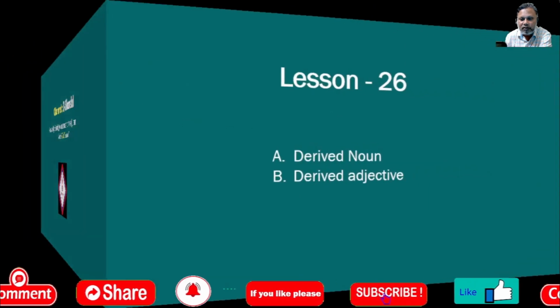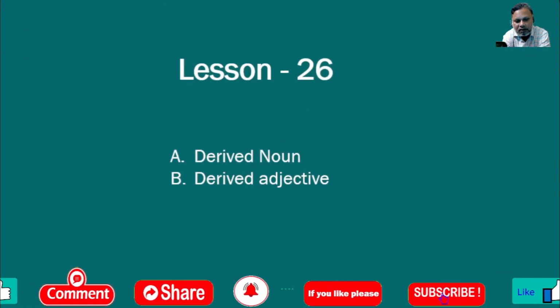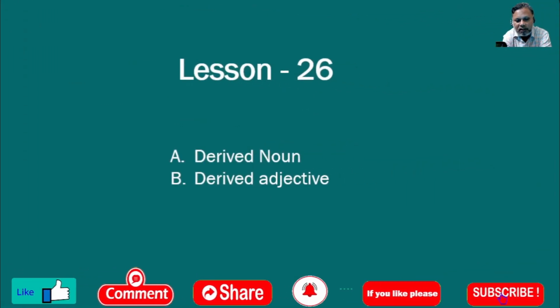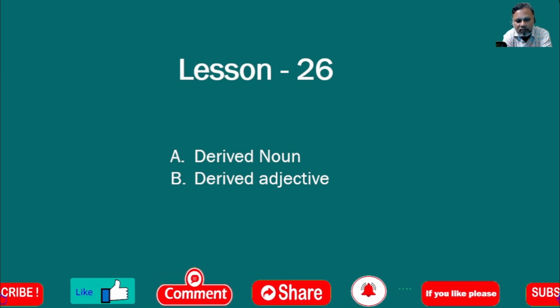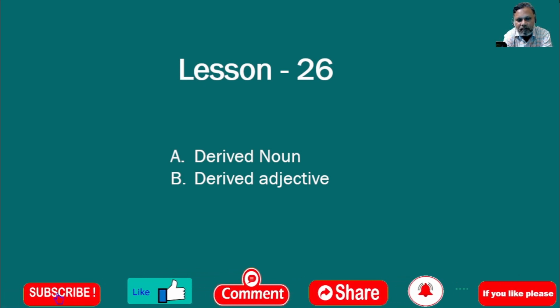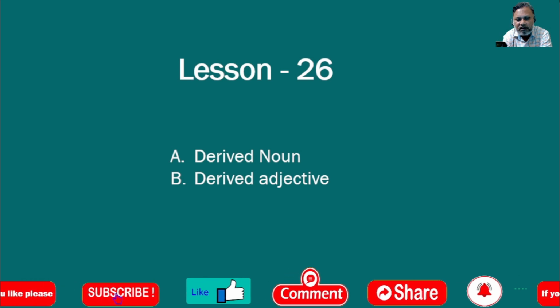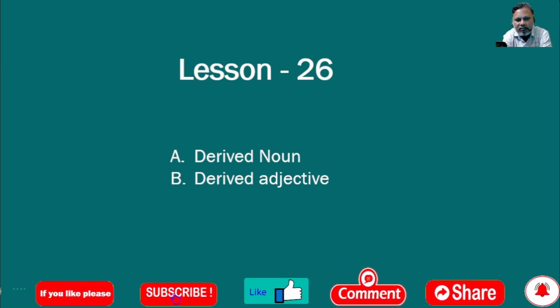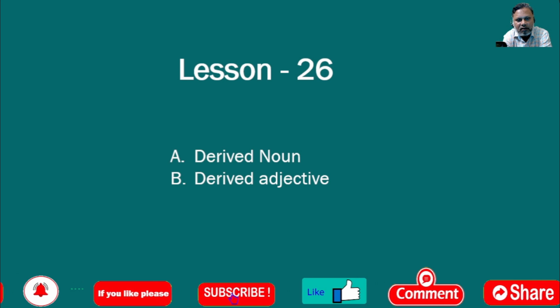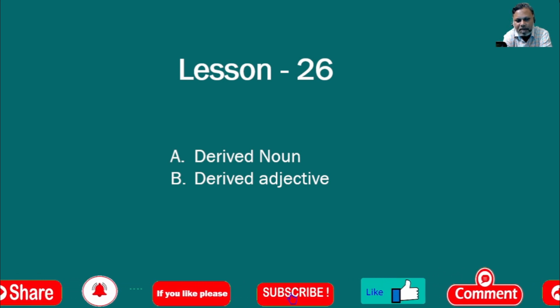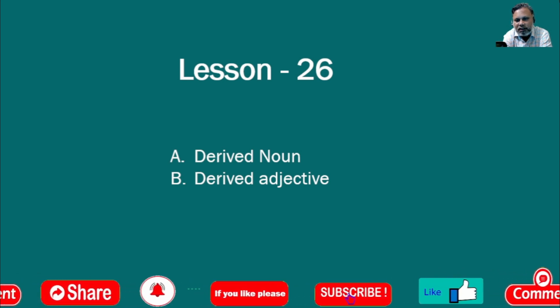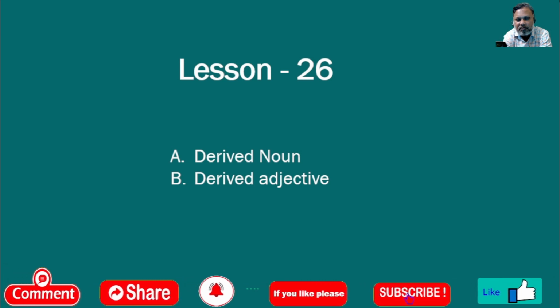In this lesson I will try to understand how to derive noun and adjective from three root letters. To derive noun and adjective, we normally use different types of patterns. Arabic mostly depends on pattern.